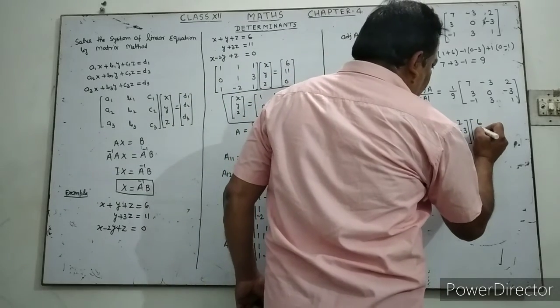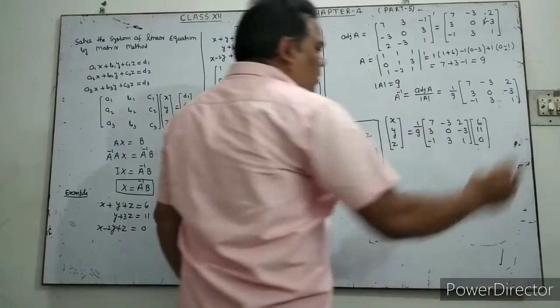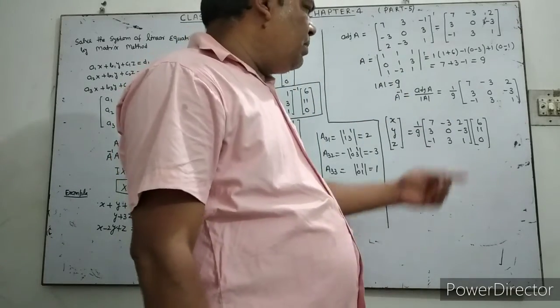Now you multiply first row in first column.